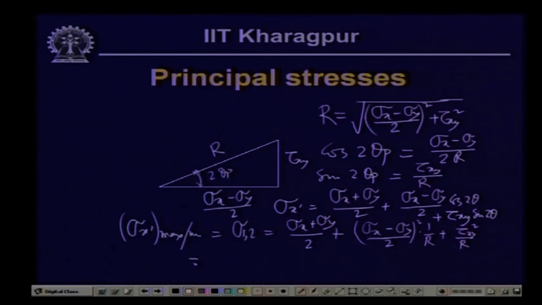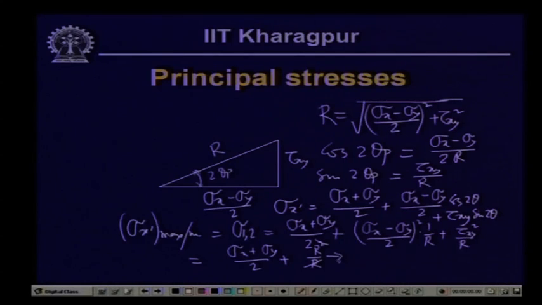So, this is equals to, in fact, this particular part is (sigma x minus sigma y by 2) square plus tau x y square by r, and as we have denoted r as root of this. So, r square is the top part. So, sigma 1 2 can be written as (sigma x plus sigma y) by 2 plus r square by r, this gets cancelled.